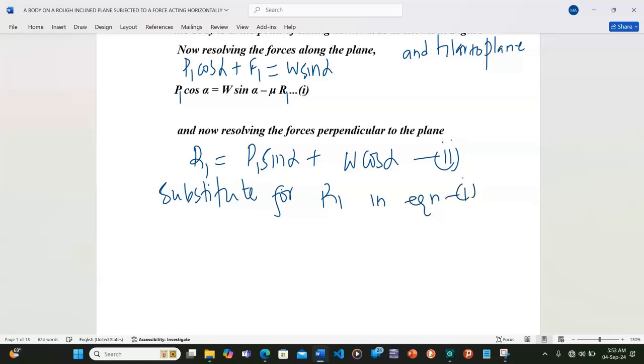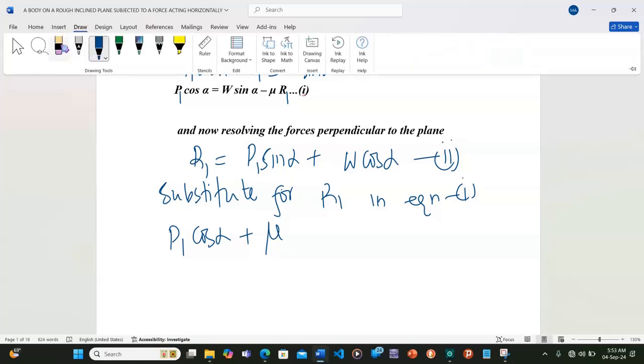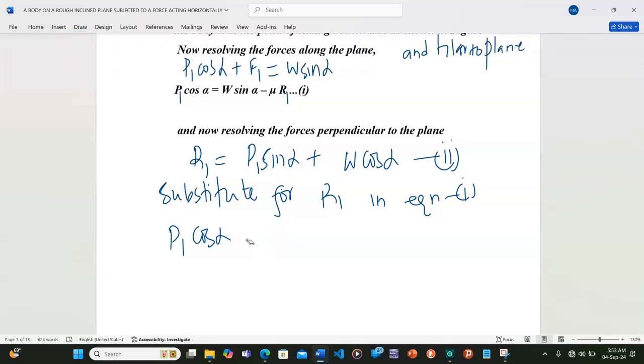So what does that mean? I will have P1 cos alpha plus nu into R1, which is here. Okay, let me take it to the other side so that I can do it better. So it's equal to W sine alpha minus nu into R1, whereby R1 is P1 sine alpha plus W cos alpha.